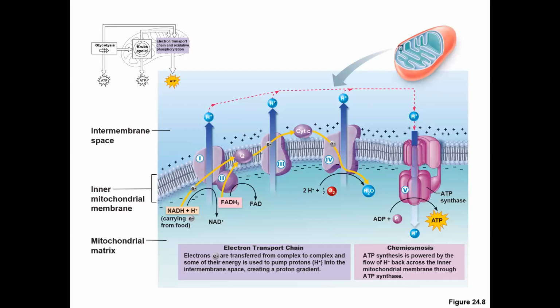Okay, so this gives me a little chance to explain that a little better, I hope. Here comes the NADH carrying 2 electrons and 2 hydrogens. This is the stuff that we got from glucose. These are the electrons and hydrogens that were stripped off of glucose when we oxidized glucose.